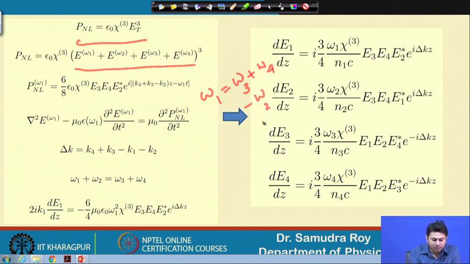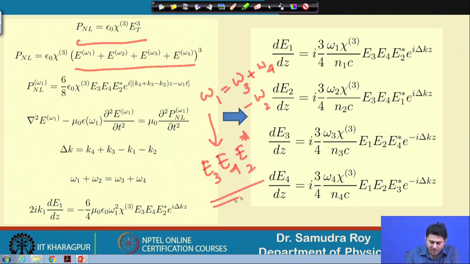That means in the P nonlinear term, the frequency components omega 3 and omega 4 are plus, so I should have the electric fields E3 and E4 multiplied, and omega 2 is minus, so I will have E2 star. So, this should be the structure of the electric field in the P nonlinear term.